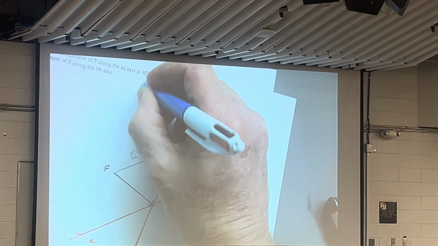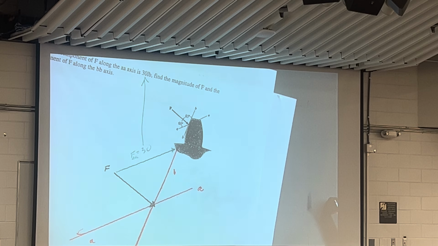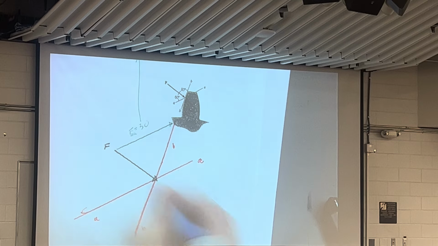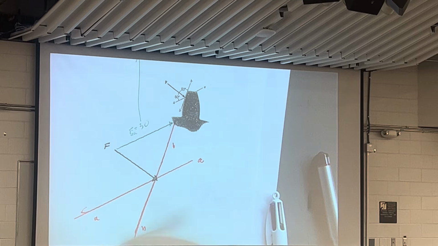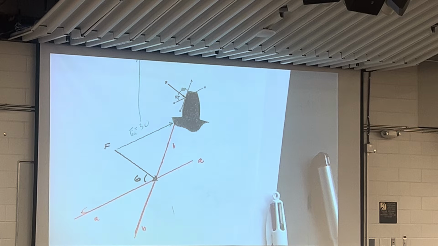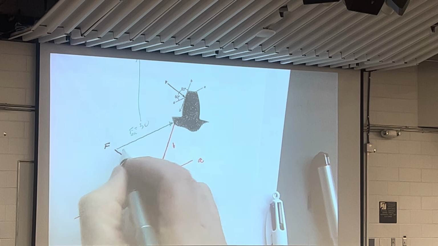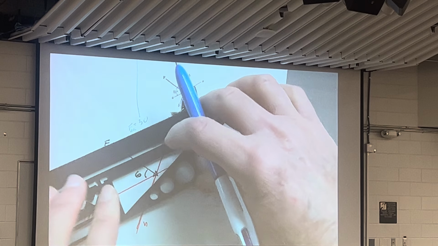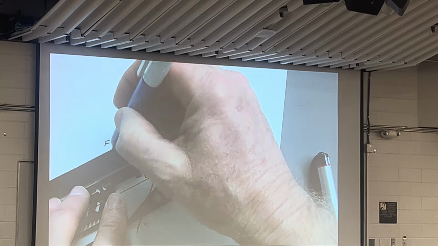That was given to me in the statement of the problem. Yes? What do I know? Well, I know this is 60. What's this angle here? What is it? 20.